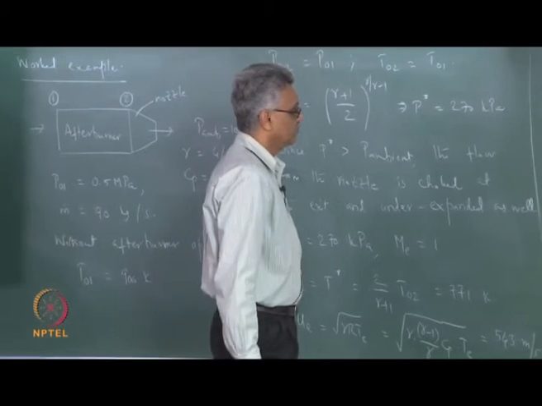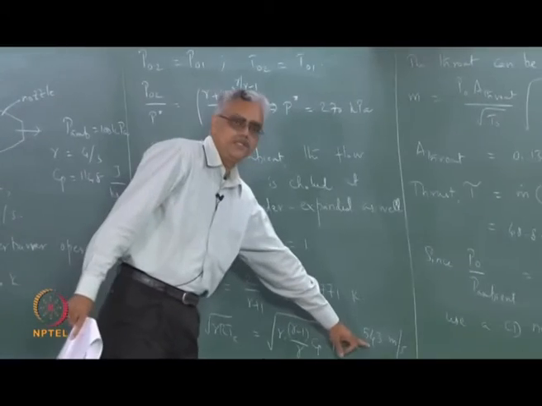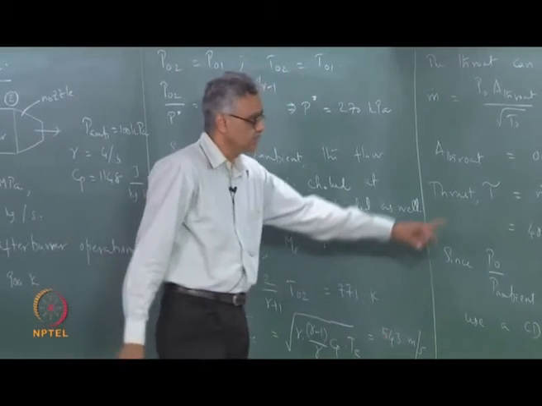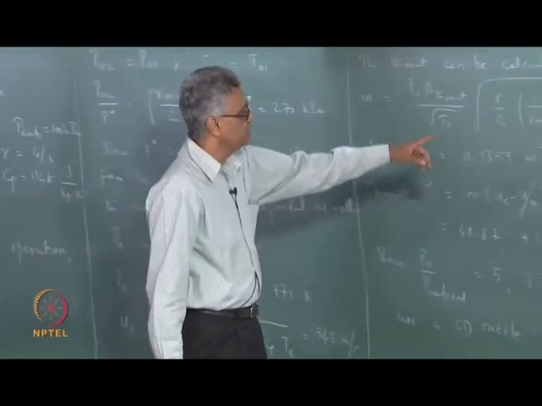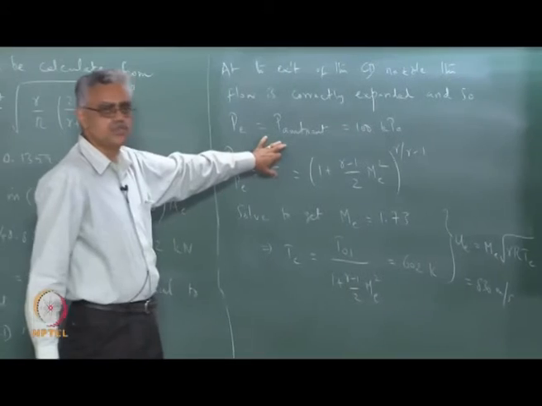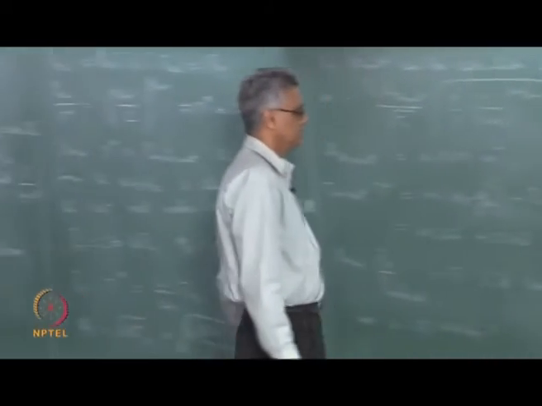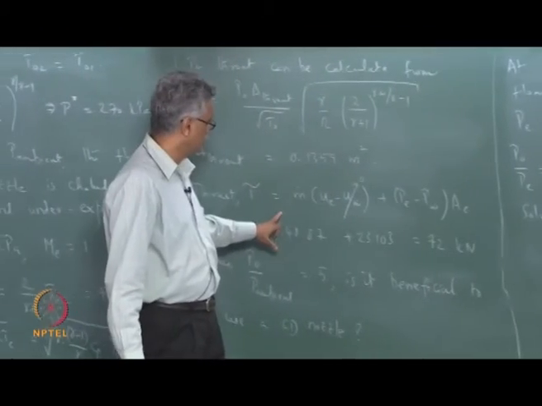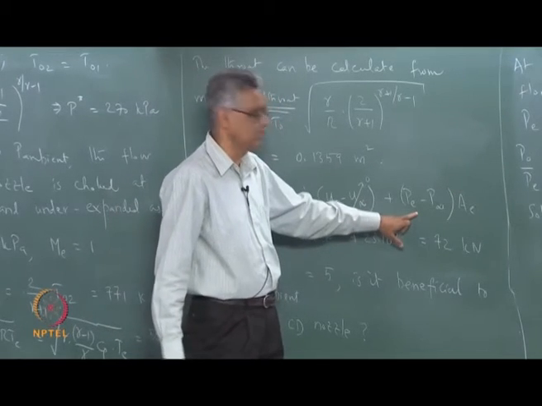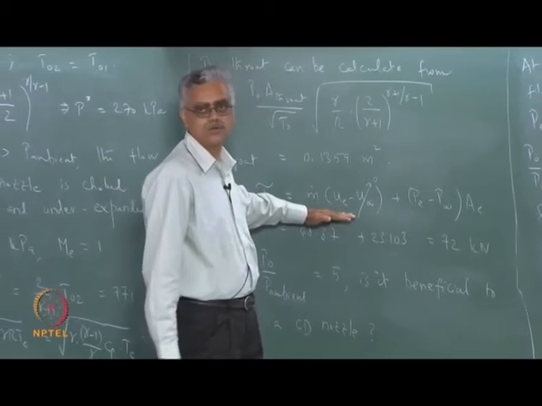So the exit velocity with the convergent nozzle came out to be 543 meter per second. Now the exit velocity with the convergent divergent nozzle comes out to be 830 meter per second. But PE is equal to P ambient, which is also P infinity. So if you now evaluate the thrust that the nozzle is going to develop, notice that if you look at these two terms, now with the convergent divergent nozzle, this is going to be 0 because PE is equal to P ambient, only this contributes to the thrust.